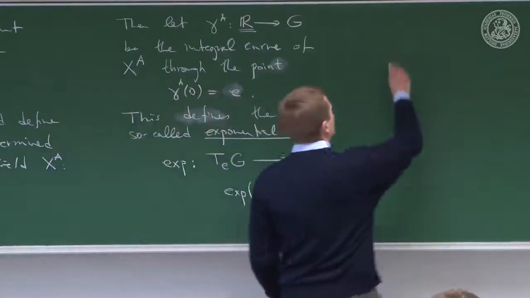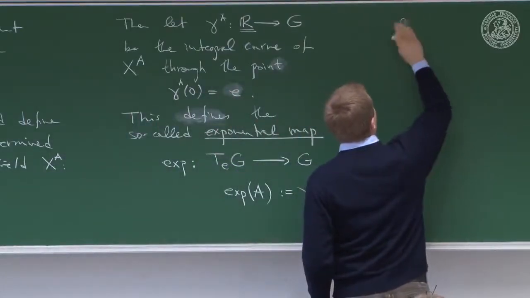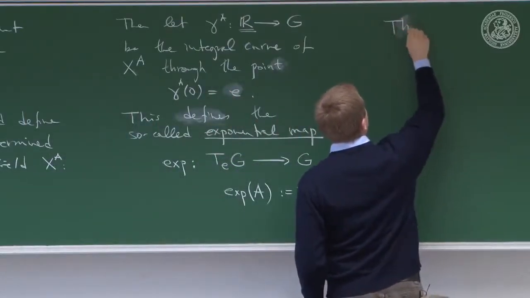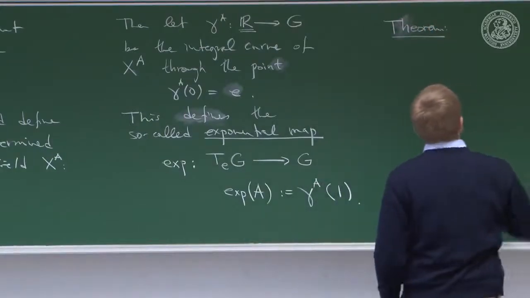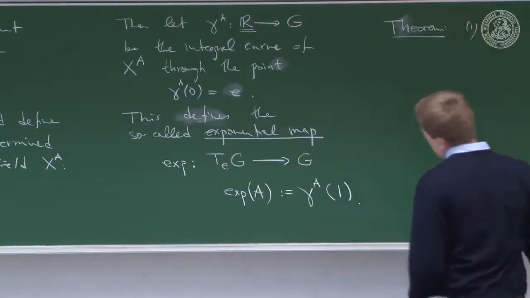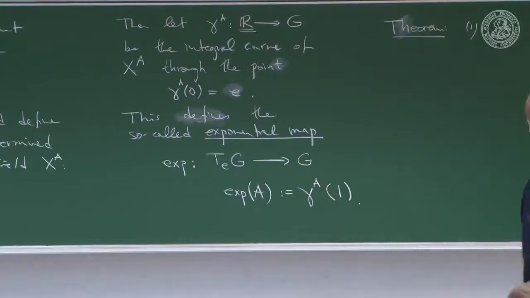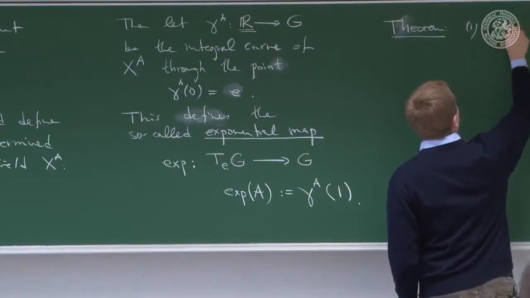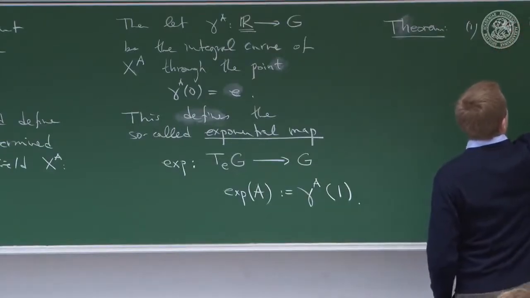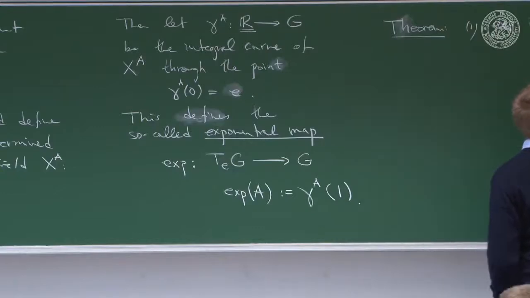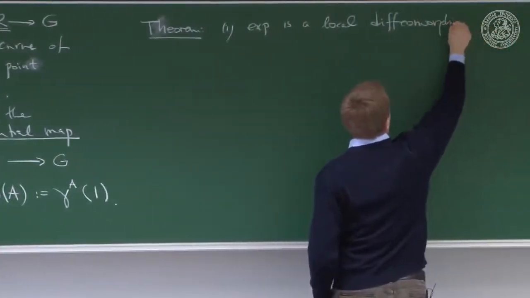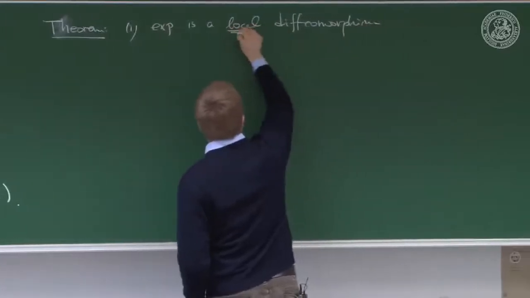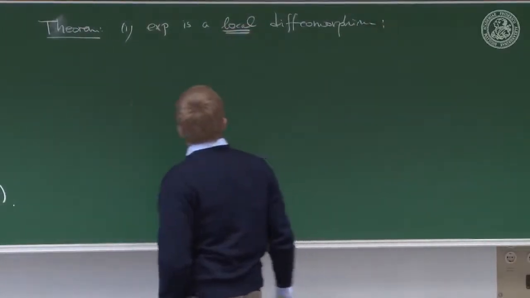So, remarks, or rather, let's call it a theorem because it is. A theorem comes in several parts. The first part is that exp is a local diffeomorphism. So what does that mean?